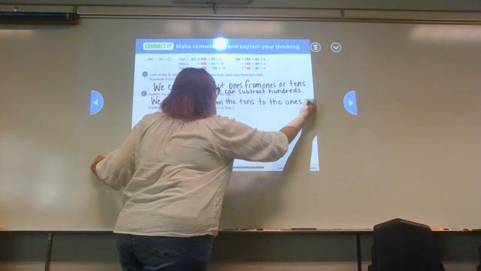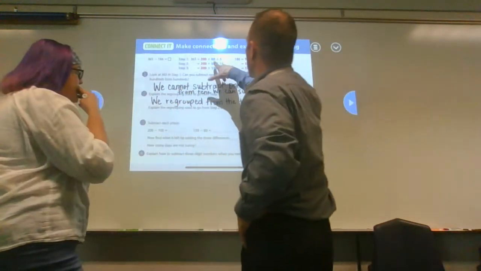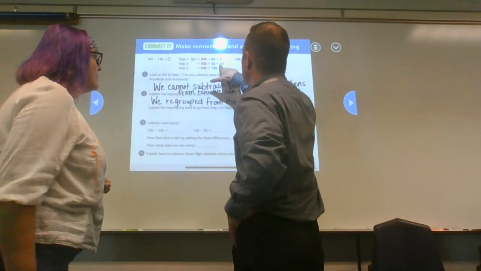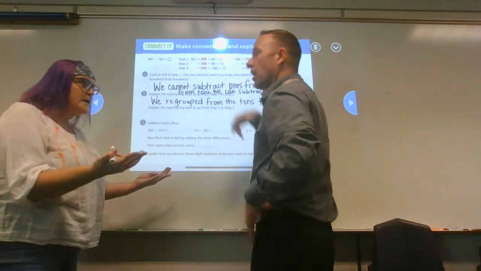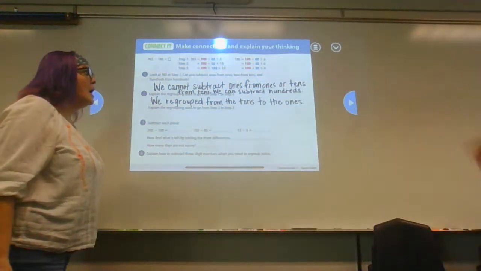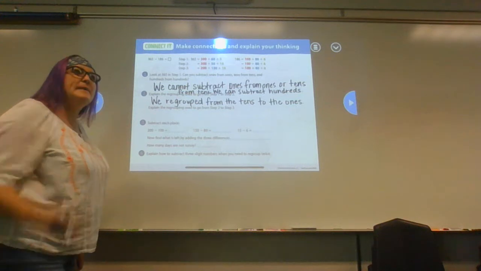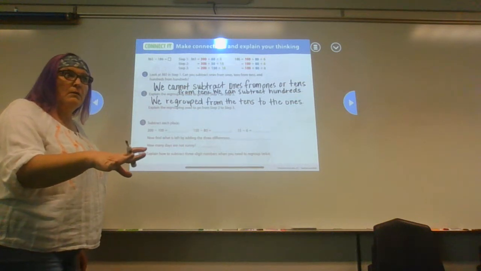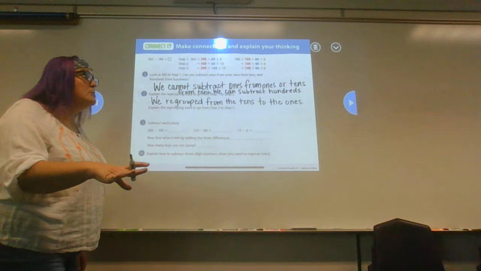So, Miss Jetson, they took 1 10 stick and broke it up into 10 ones to make 15? Exactly. Awesome. That makes it so much easier. And then I could get my 6. Absolutely.